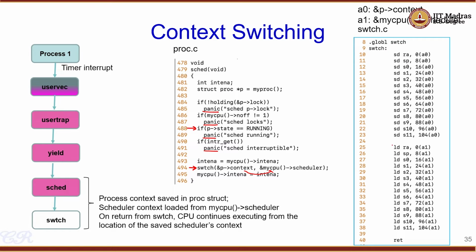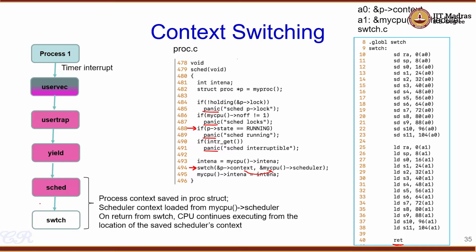The swtch function looks something like this, where the context of the current process, that is the context of process 1, which comprises the return address, stack pointer, and the 12 registers s0 to s11, are stored within this particular context structure, and the scheduler's context is loaded into these registers. So when this function returns, we are now going into the scheduler's context.